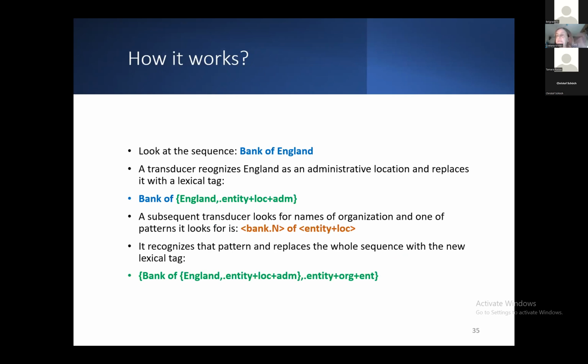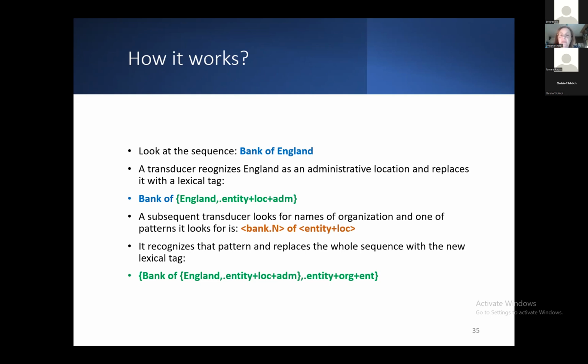How does it work in transducers? Let's say that we have the sequence Bank of England, and one transducer recognizes England as an administrative location and replaces it with a lexical tag. Bank of remains, and now we don't have England as a word form anymore.